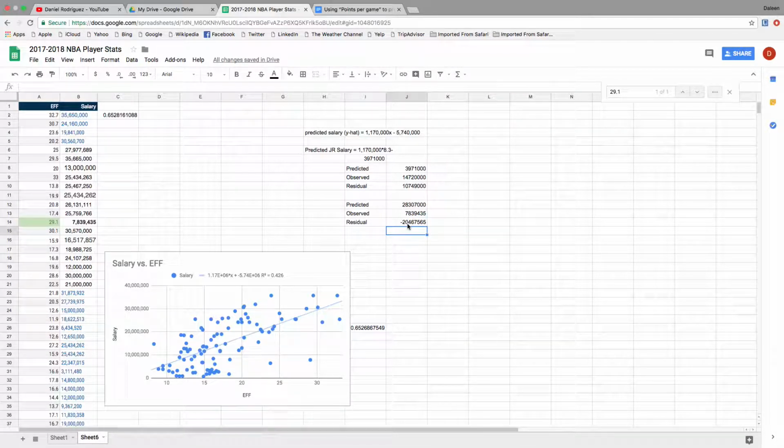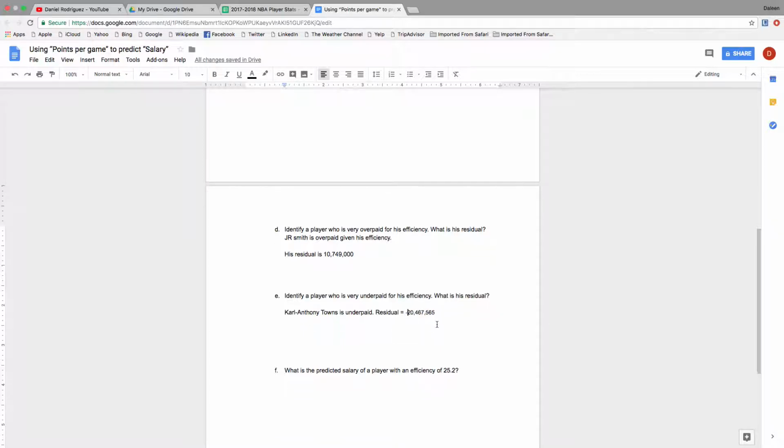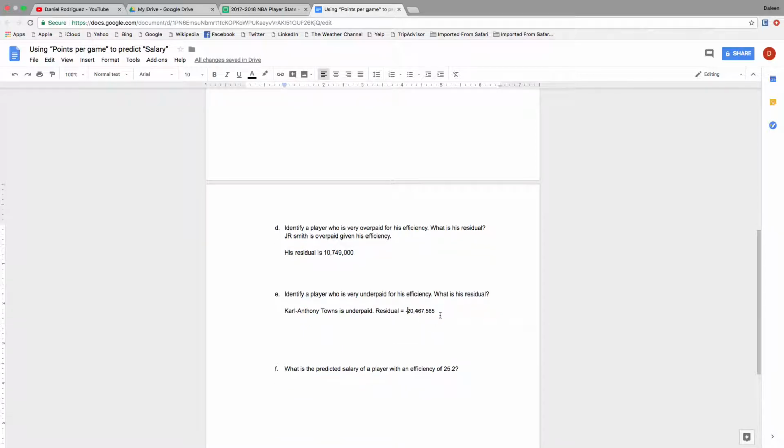It's negative 20,467,565. So that means that given his efficiency, he's being paid $20,467,565 too little, because that's a negative residual. So the observed is much lower than the predicted.